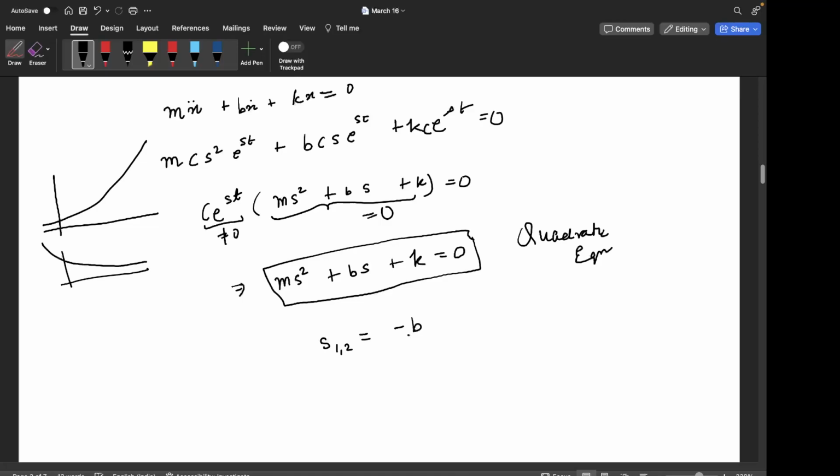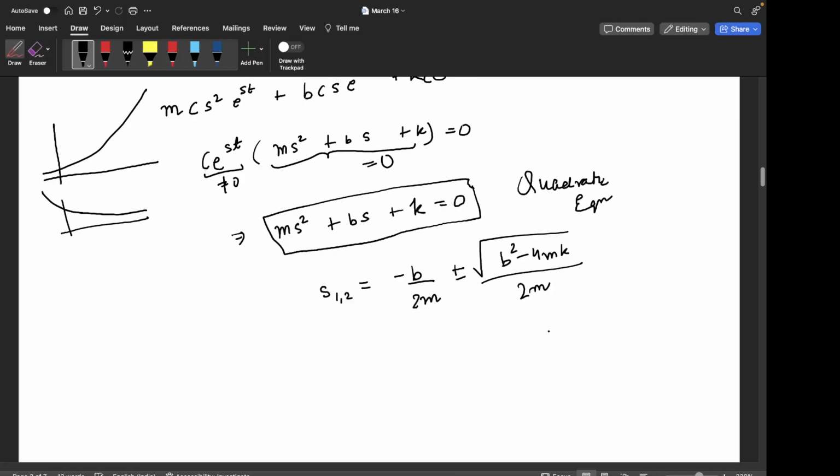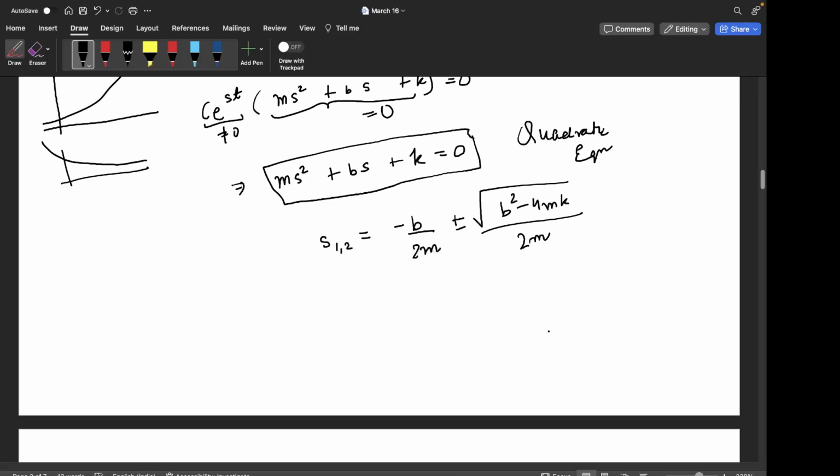So it's minus b by 2a, and a is here m, plus minus under root b square minus 4mk, right? So these are the roots, and this equation has a special name in the differential equation literature.